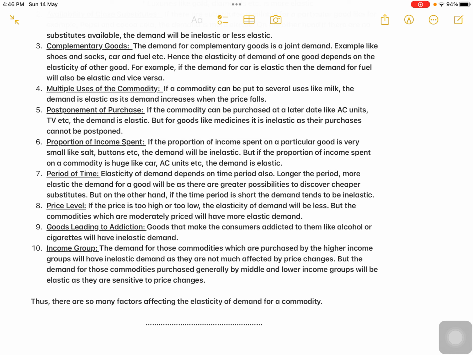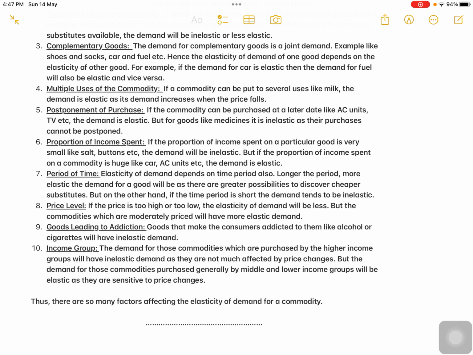If it takes only a very minor proportion of our income, we won't bother much about spending that. But if a particular commodity already takes too much of our income, and its price increases, it will take an even higher proportion of our income, so we will think twice whether to purchase that commodity or not.